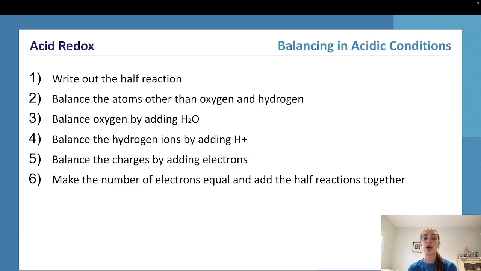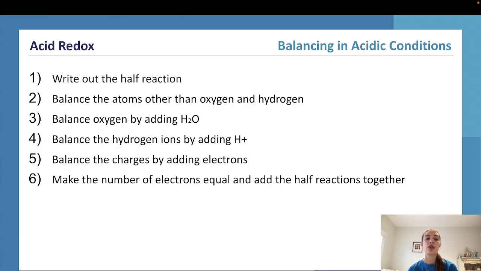It's really important that you always do step 3 before you do step 4, because if you do step 4 before step 3, you then aren't balanced for your hydrogen ions again, because water has the hydrogen in it. That would then disrupt that hydrogen balance. So you balance for oxygen first using water, then balance for hydrogen by using hydrogen ions.